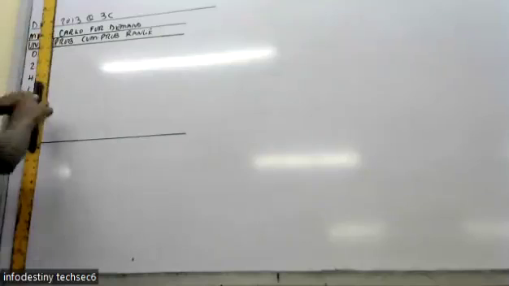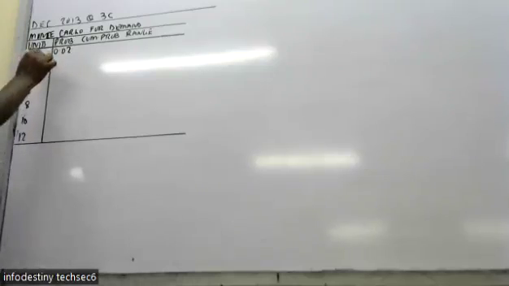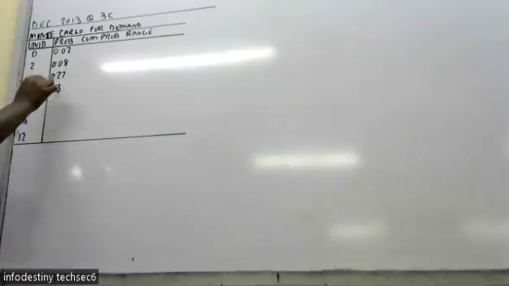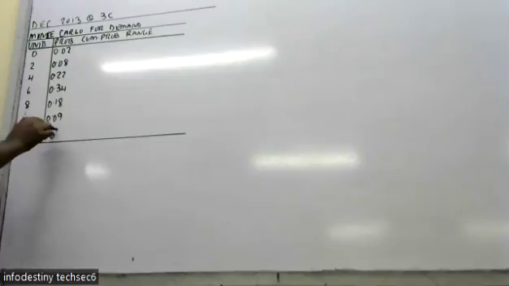So the probabilities are 0.02, 0.08, 0.22, 0.34, 0.18, 0.09, and 0.07.